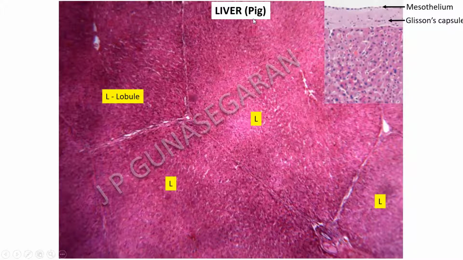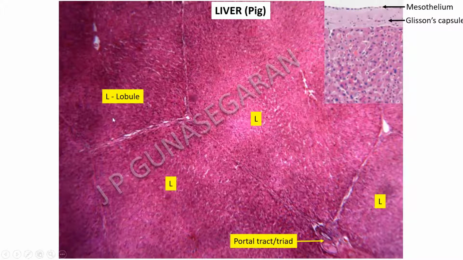The connective tissue trabeculae seen at the angles of hexagonal lobules carry branches of hepatic artery, portal vein and hepatic duct. They are called portal tract or triad.